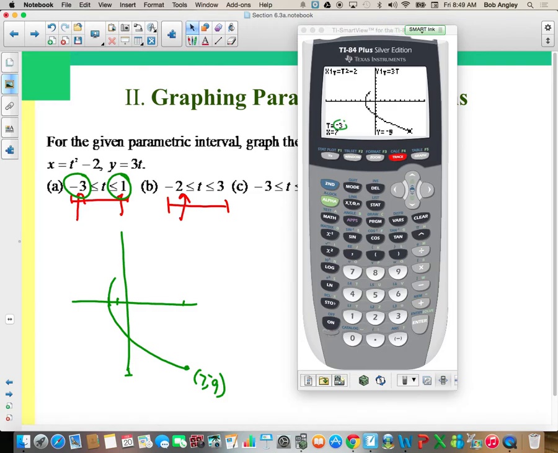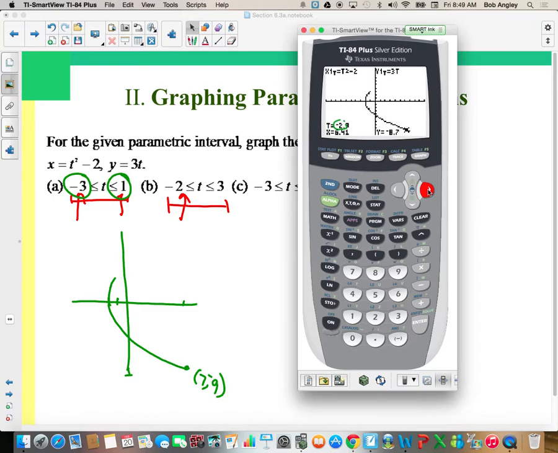But now on your calculator, I want you to hit the right arrow key 1 time. Now, when you do that, notice that the T changed from -3 to -2.9. Do you understand it did that because our T step was 0.1? So it went -3 plus 0.1 to get -2.9.